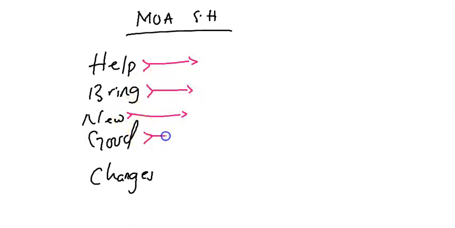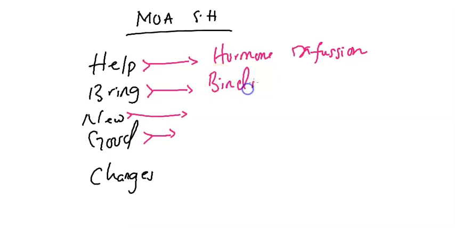Notice that HELP simply stands for hormone diffusion. Here comes BRING, which stands for binding to the intracellular receptor. Here comes NEW, which is nuclear translocation.